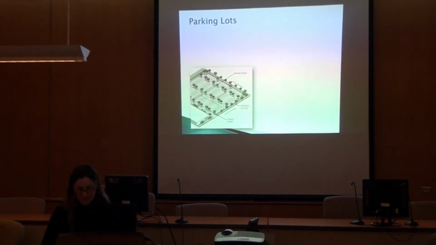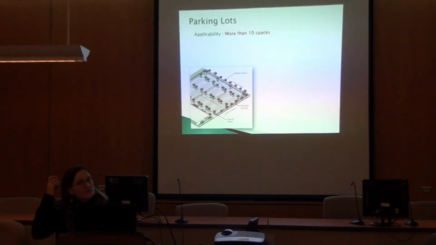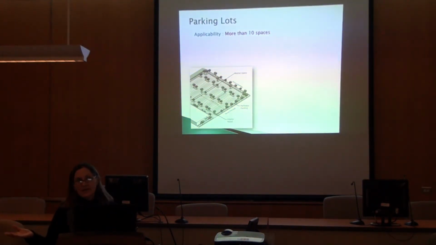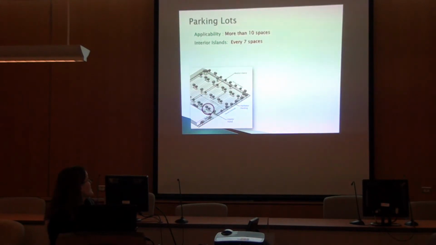Okay, parking lots. We've been talking a lot about parking lots, so I'll go into a little more detail here. If you're adding on to your existing parking lot by at least 10 spaces or more, then this starts to kick in. A couple standards are included here for landscaping a parking lot. You're going to need to put in interior islands.